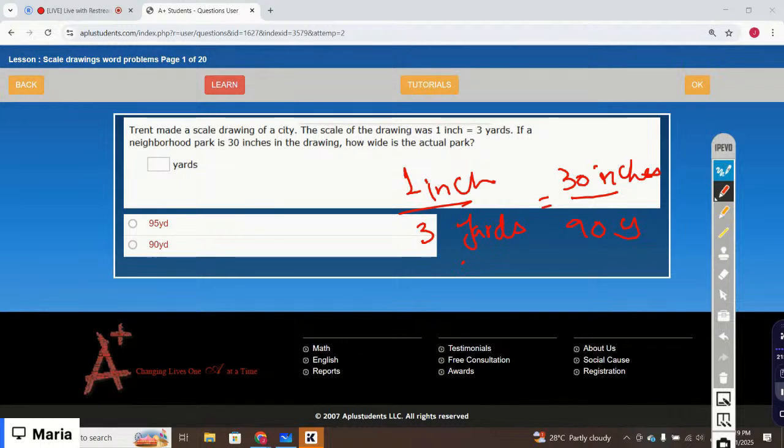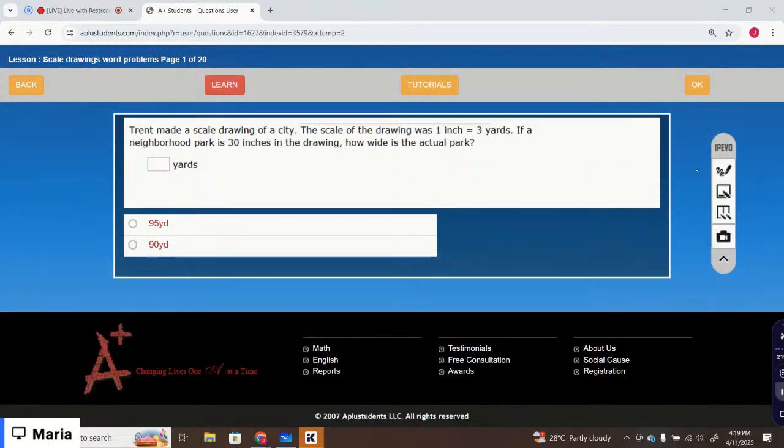Option number 2 is the correct option. That would be 90 yards in actual.